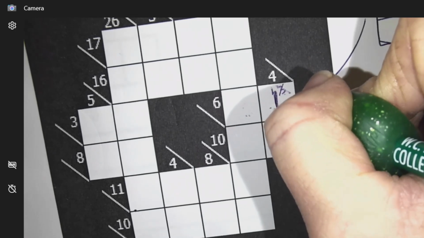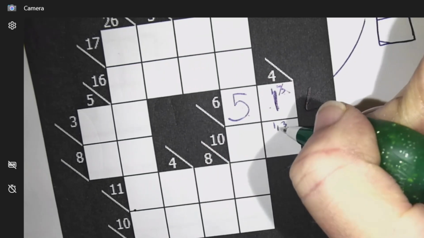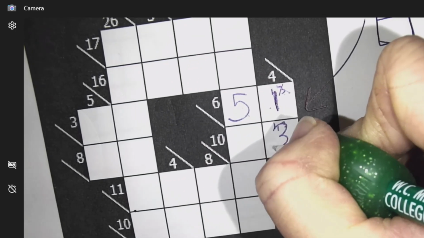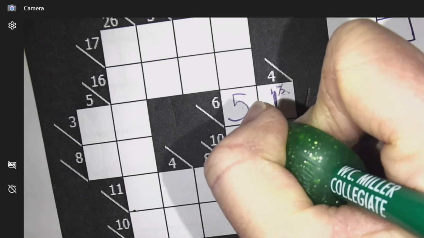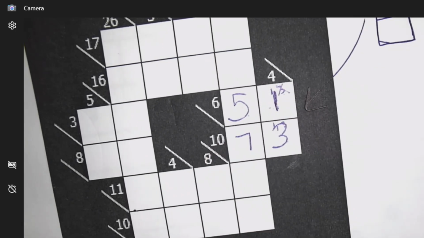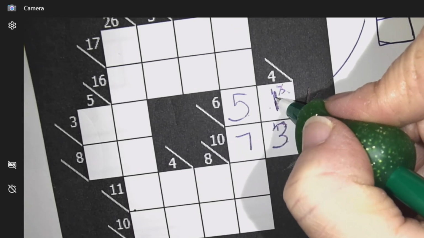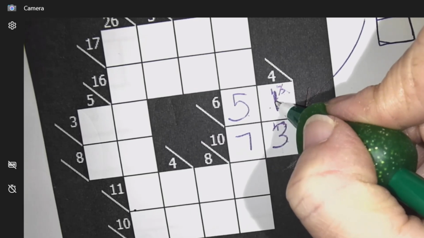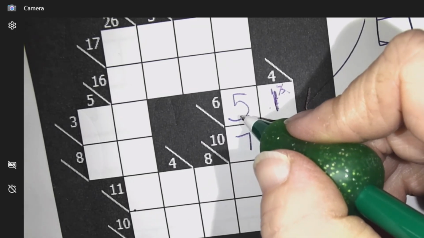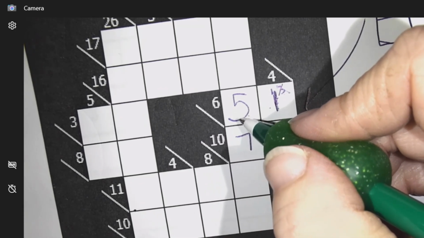So this has to be a 1 plus 5, 1 plus 3 to make 4, and this has to be a 3 plus a 7. So I started with the 4, understanding 1 and 3 were my only options, but I had to eliminate the 3 because the 3 plus 3, 6 combo was not good.